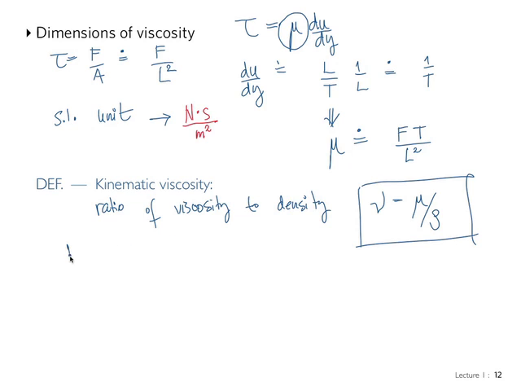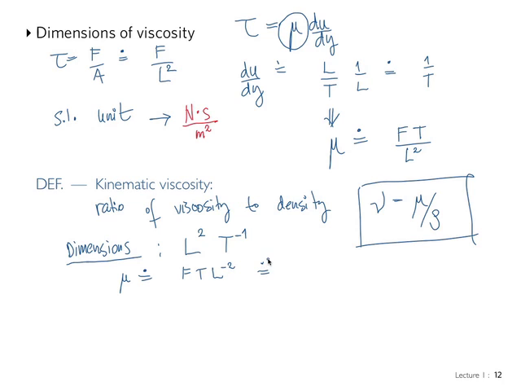So the dimensions of this are length squared times time to the minus 1. And if we want to derive it, well, we already derived the dimensions of mu, and they are here, force time length to the minus 2.